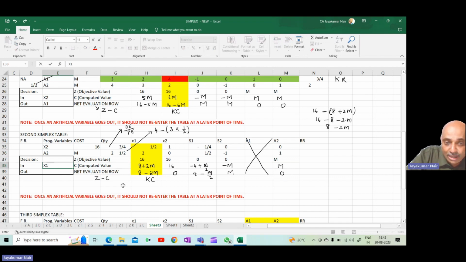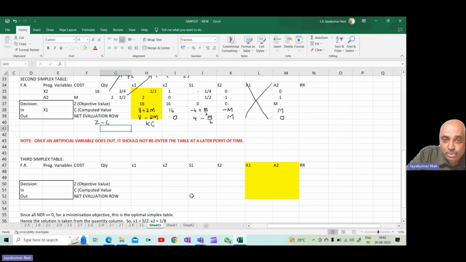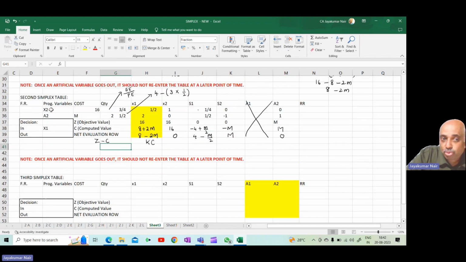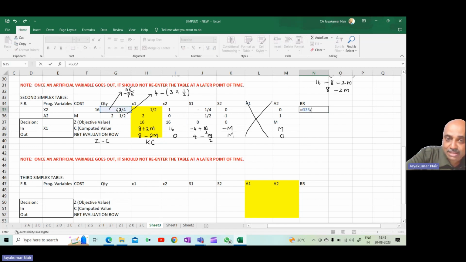Now, when x1 enters the table, some variable has to leave. It could be x2 or it could be A2. I don't know which one. So to determine that, I have to calculate the replacement ratio, that is RR. How do I calculate the replacement ratio? It is the quantity divided by the key column element.